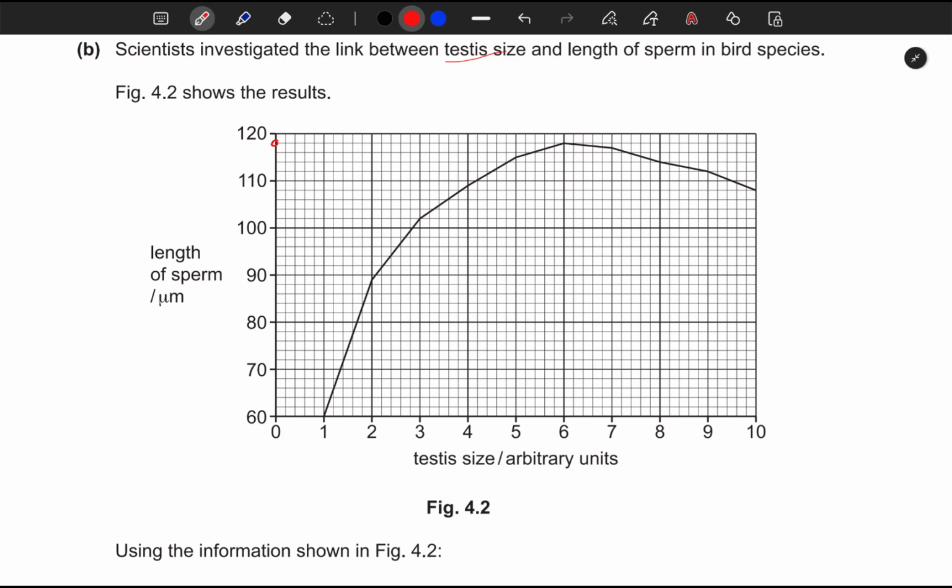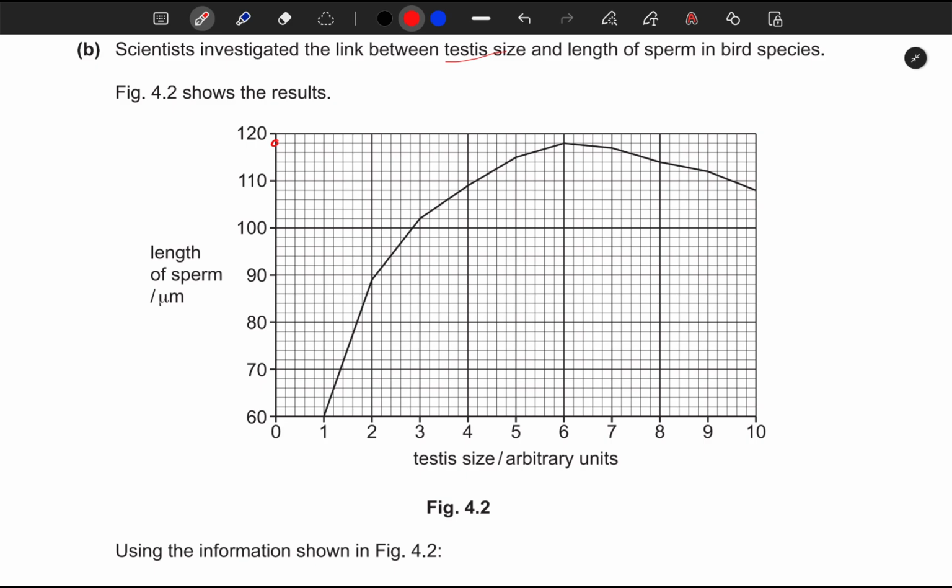They wanted to see the relationship. If the size of the testicle is small, what will happen to the length of the sperm? This is what the question is about. So figure 4.2 shows the results, length of the sperm here, and the testis size, which is just in arbitrary units. Don't worry about that.